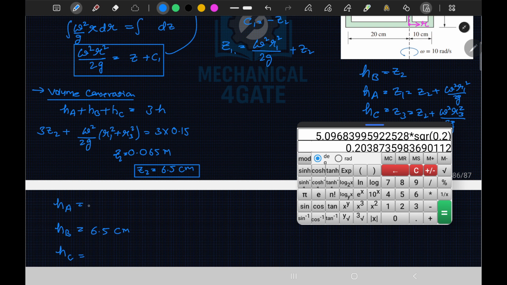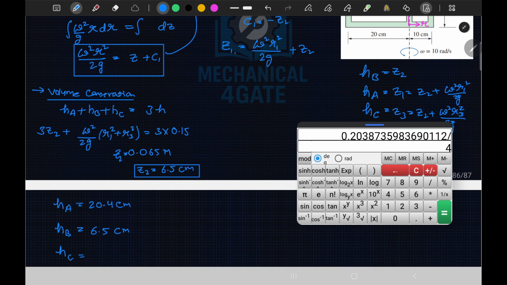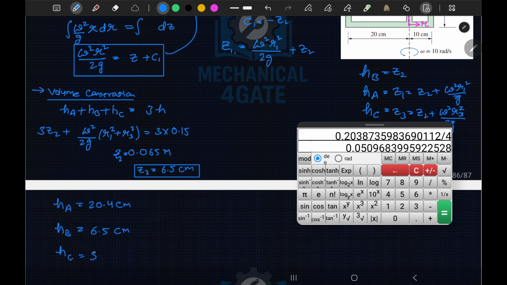So this becomes 20.4 centimeter, and for HC, dividing by 4, this becomes 11.6 centimeter, and this is HA which becomes 26.9 centimeter.